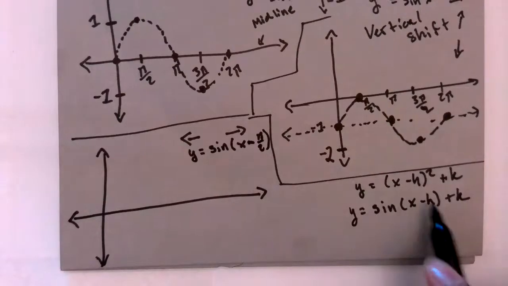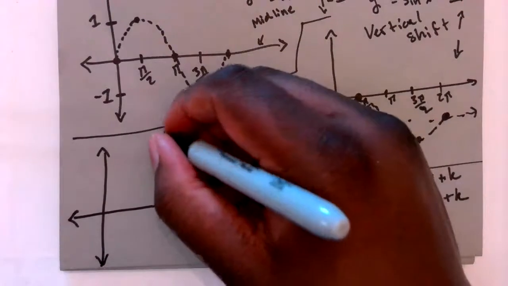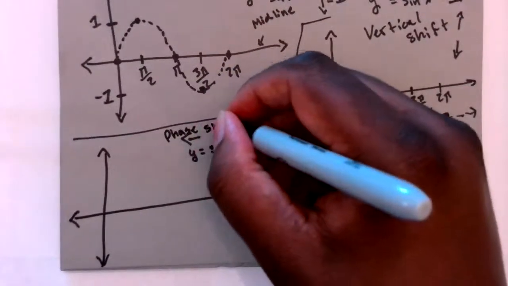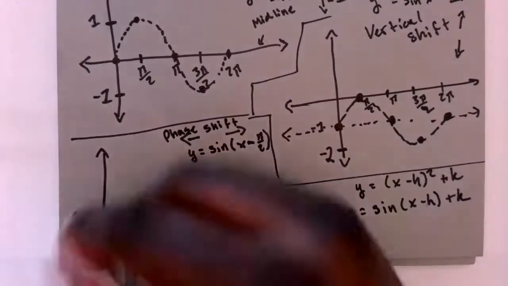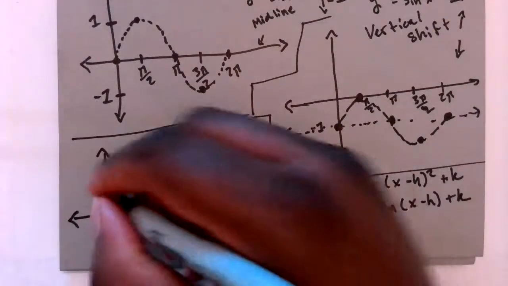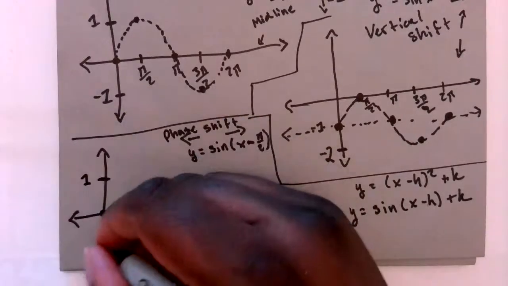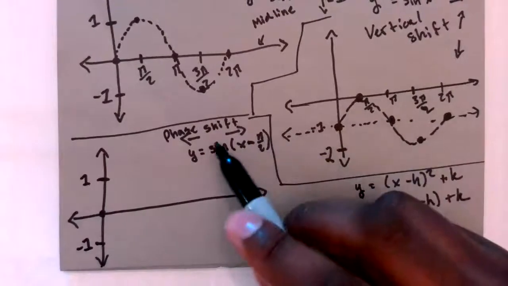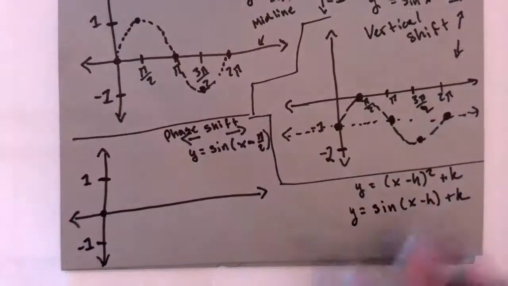Because now my h, my horizontal shift, or what we call phase shift, is going to be going left or right. All right, so what does this mean for us? Let's look at some values real quick. Obviously, we're still going to be oscillating between 1 and negative 1, because notice there is no vertical shift. The amplitude is 1. This is going to be a regular period, so we don't have to deal with all that.